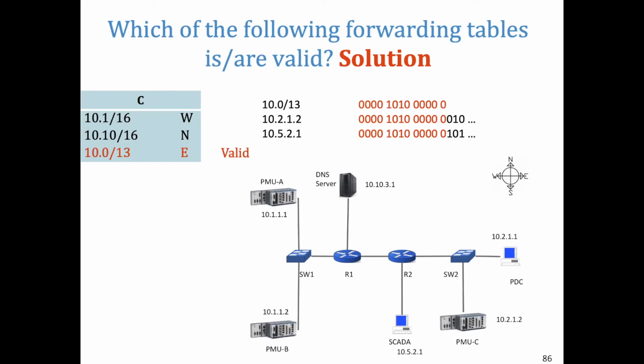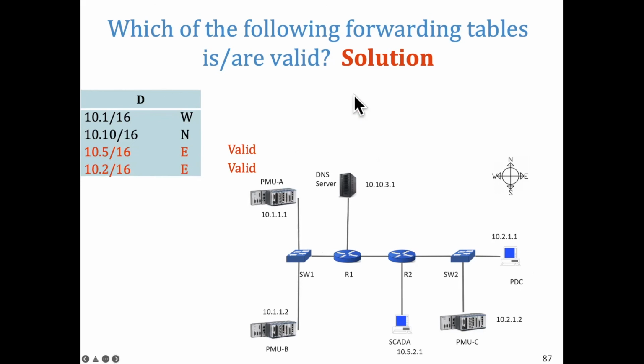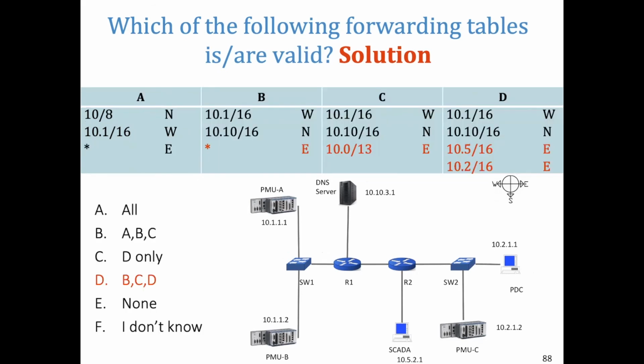As we said, we have, for example, 13, which is not always a multiple of 8. You need to write the binary representation of all devices on the east side to check whether they have the same prefix as this line in the forwarding table. If you check it, it's the correct answer. And the same thing for the last one, it is a correct answer.